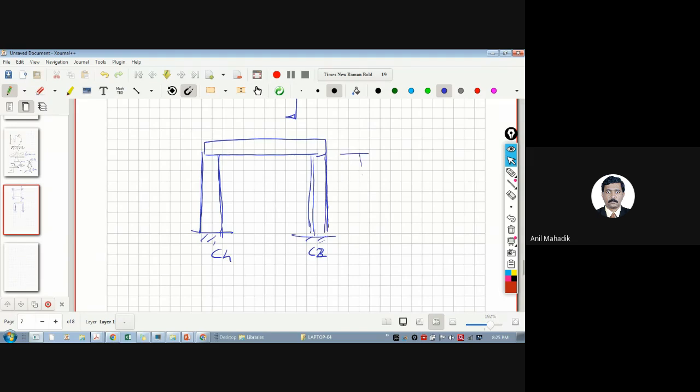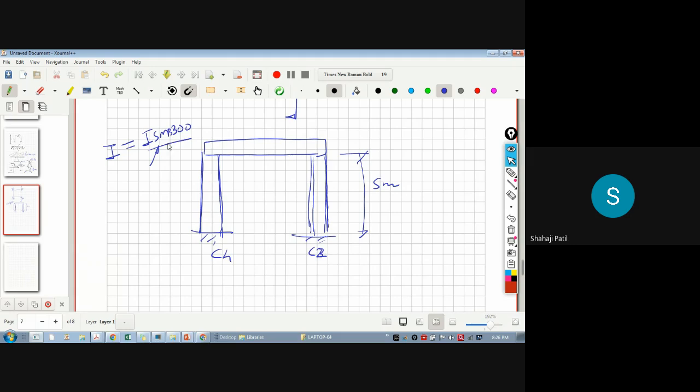Now let's say this height is 5 meters for the column. If I want to increase the capacity of this section, I take the same constant I section size, let's say ISMB 300 for example, for this column section. I want to keep this section as it is. How can I increase the capacity of the member?